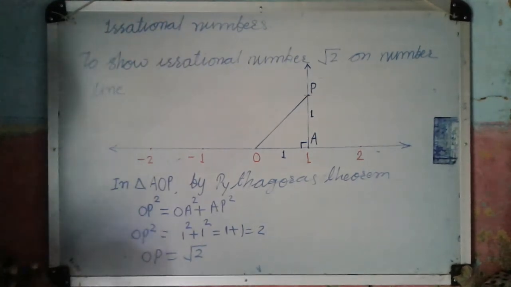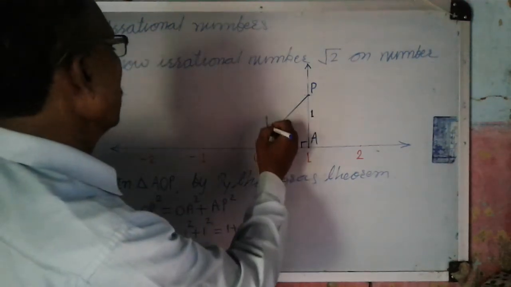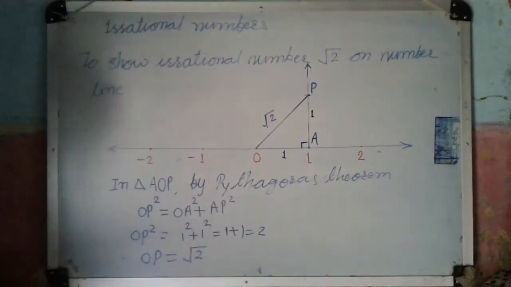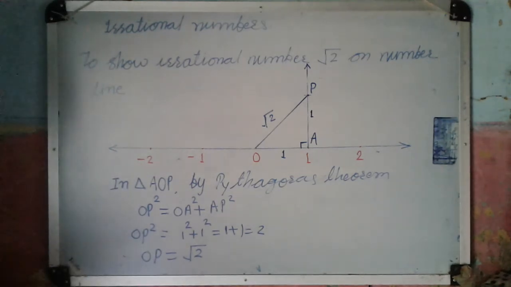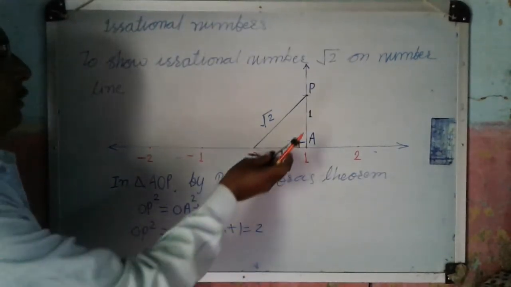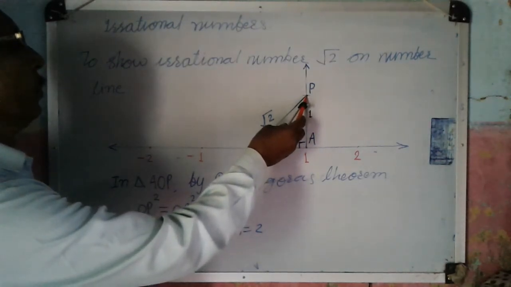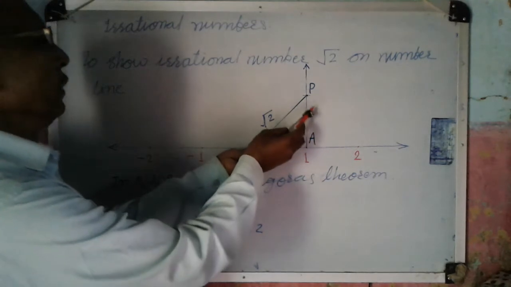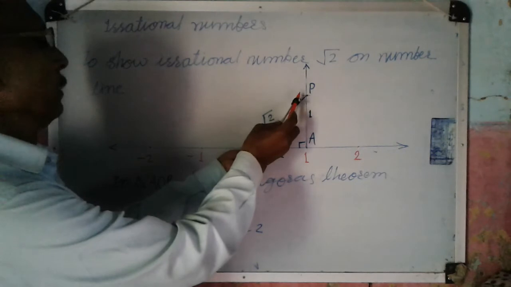Now that means this distance OP is root 2. Okay. Now we will take the same distance on this number line. The same distance we will take here on number line.